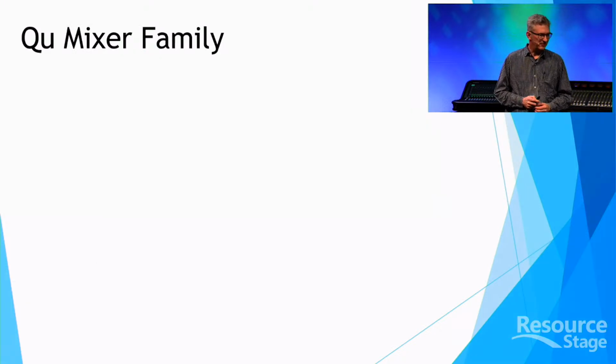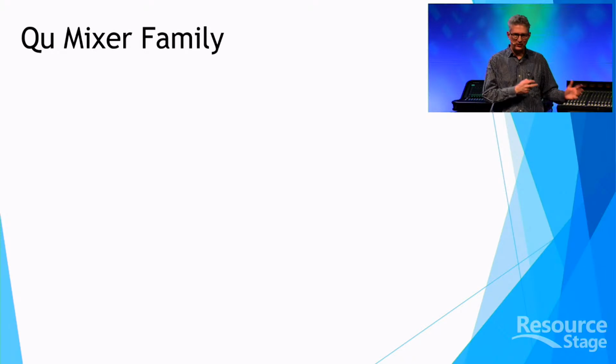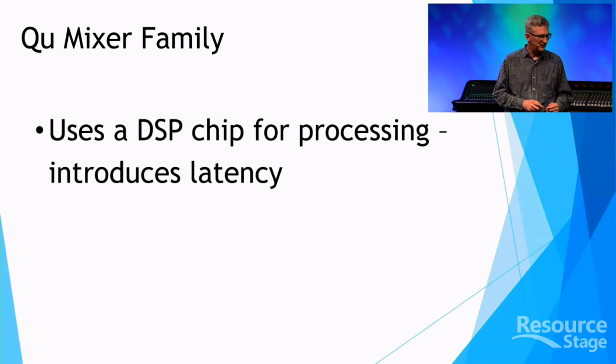So we're going to talk a little bit about the specifics of the QU, and one of the interesting things is that a lot of the digital mixing consoles these days use a DSP chip processor in them to do all of the processing. DSP is digital signal processing. One of the downsides of using a DSP chip is that there is latency introduced in the audio signal.